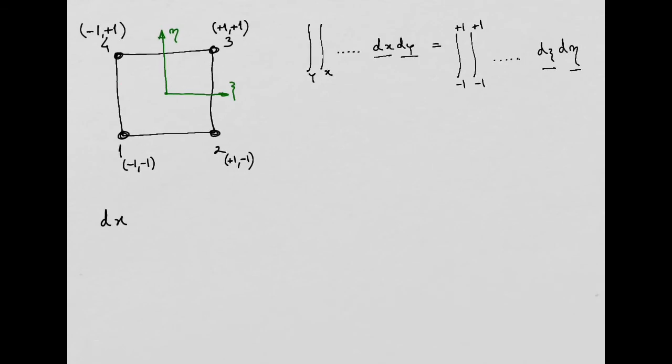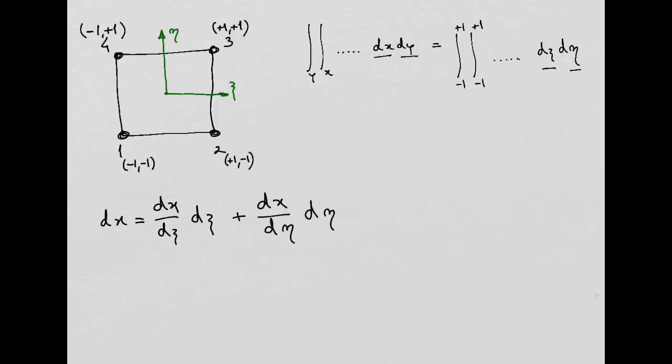So in order to have dx, I'm going to use the chain rule for derivation, which is quite basic stuff. So I'm going to say an increment in x, or an infinitesimal x in the physical domain, is going to be given by the derivative of x in order to xi times an infinitesimal increment in the xi direction, plus the derivative of my x coordinate in order to eta times an infinitesimal increment in the eta direction.